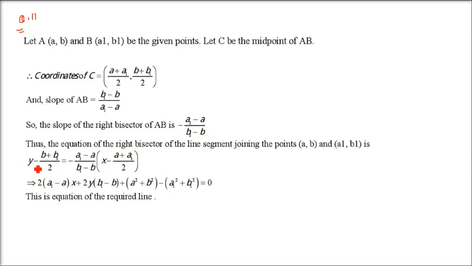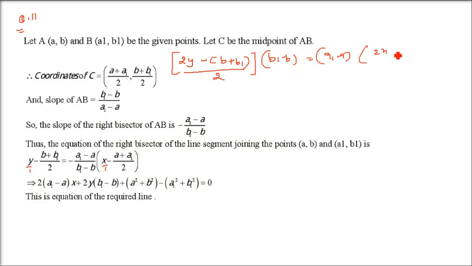This is 2y minus (b plus b1) whole by 2, and this is multiplied by, I am taking that denominator from the right hand side, cross multiply, (b1 minus b). Right hand side we have (a1 minus a) multiplied by (2x minus (a plus a1)) whole by 2.